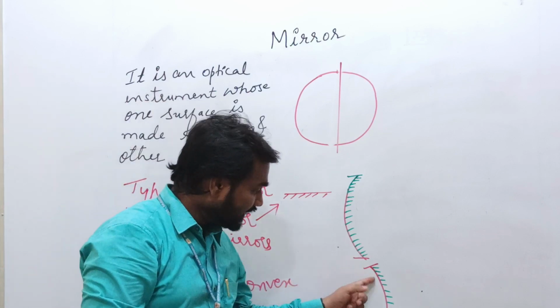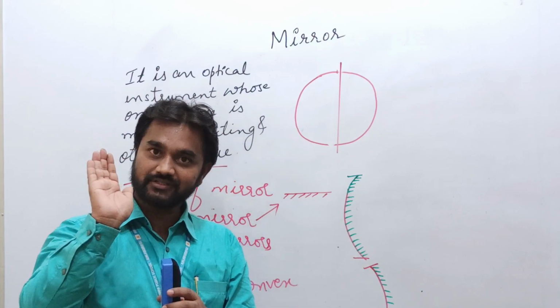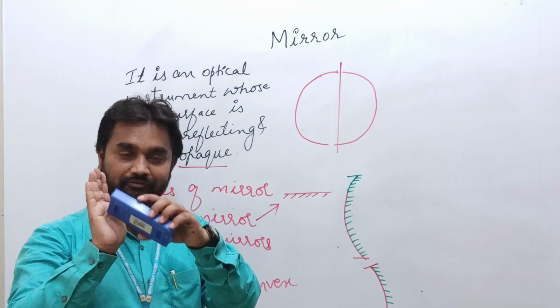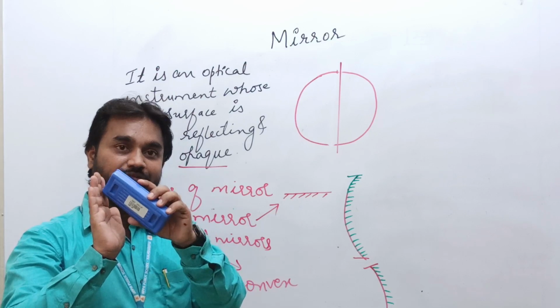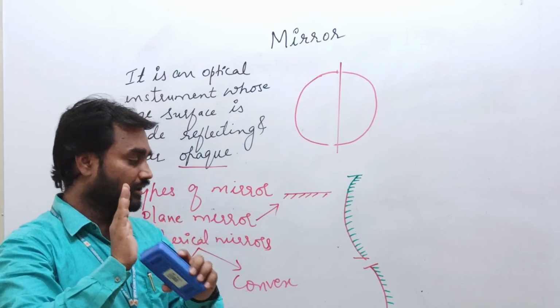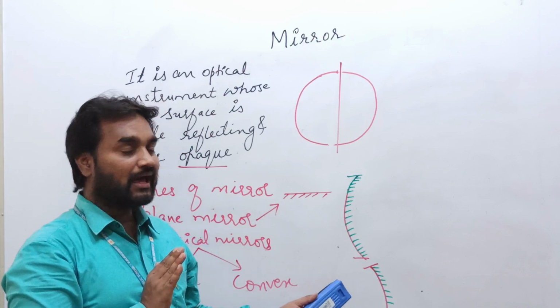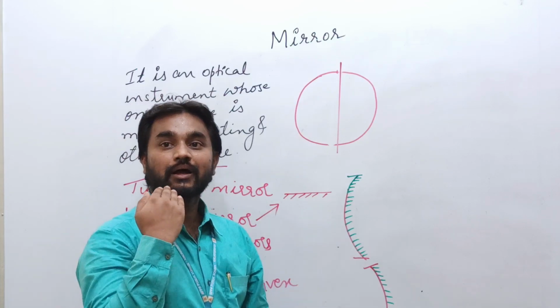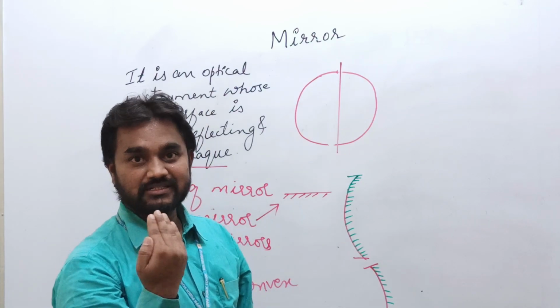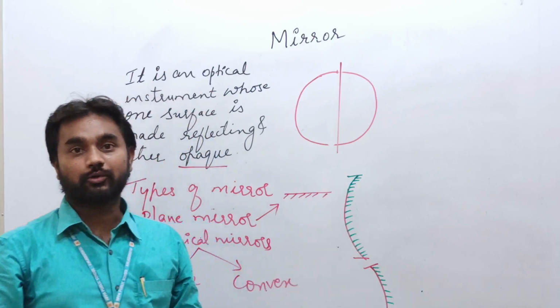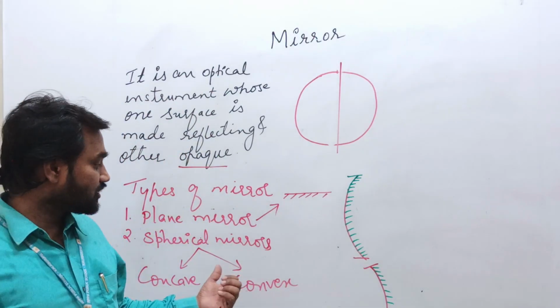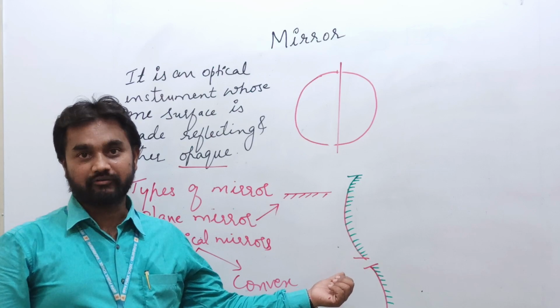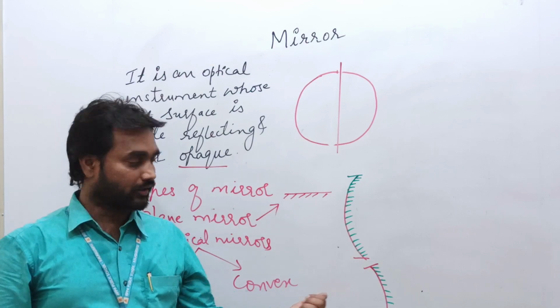So the reflecting surface which is bent in is called a concave mirror, and the reflecting surface which is bulging out is called a convex mirror. So this is all about the concave and the convex mirror. Is that clear now?